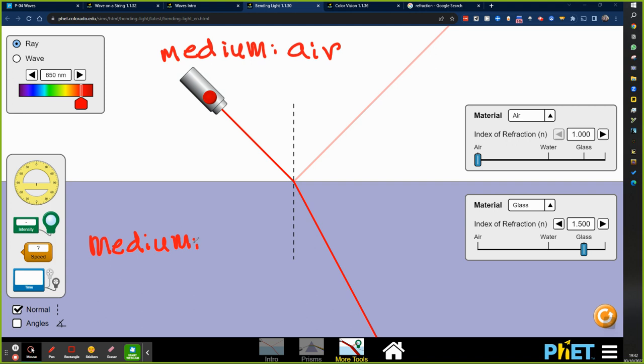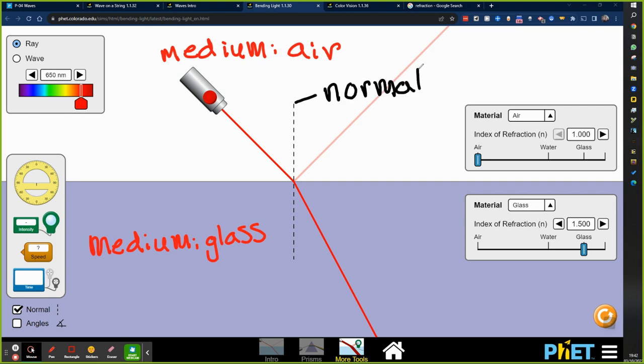There are a lot of keywords in the topic of waves, which is a bit confusing, because you've got words like medium, and another word which I'm going to label in a moment, normal. Medium and normal are adjectives normally, aren't they? But here I'm using them as a noun, because I'm saying the medium is air. The medium is glass. The normal, again, the normal is this dotted line.